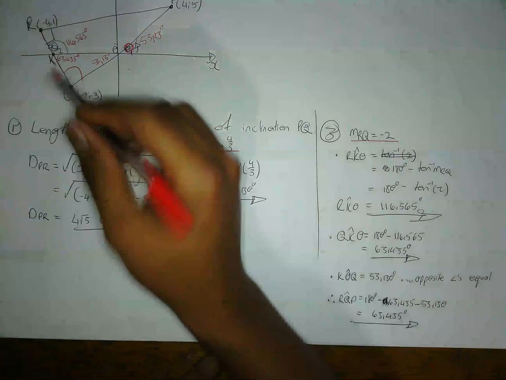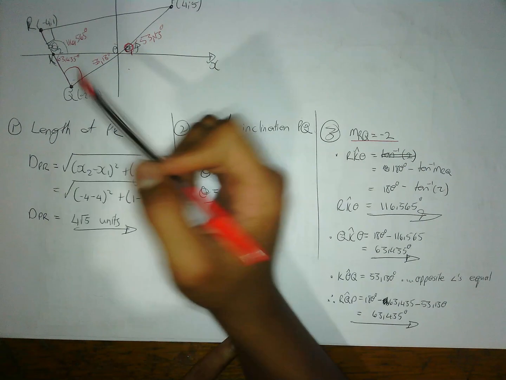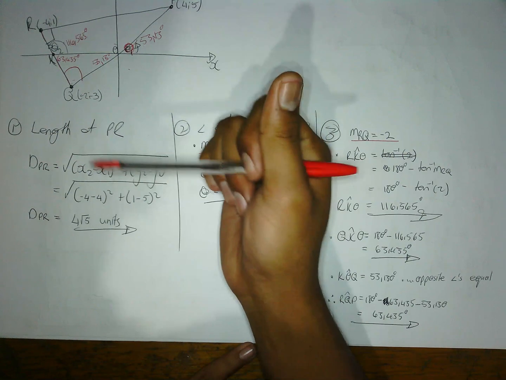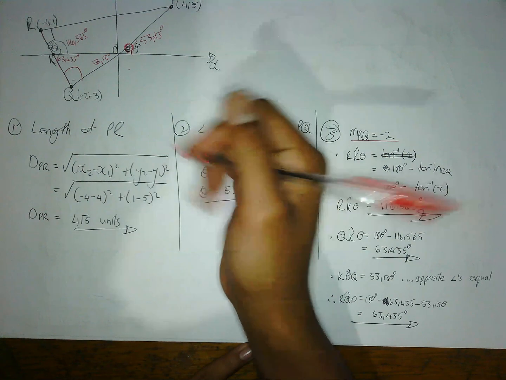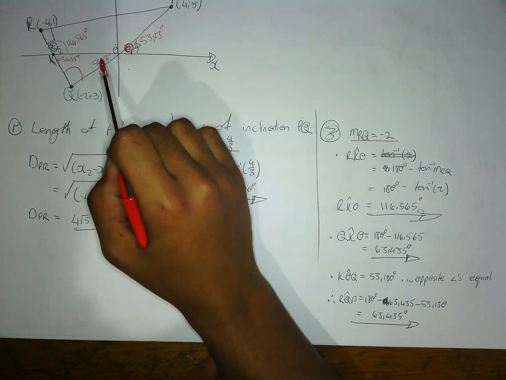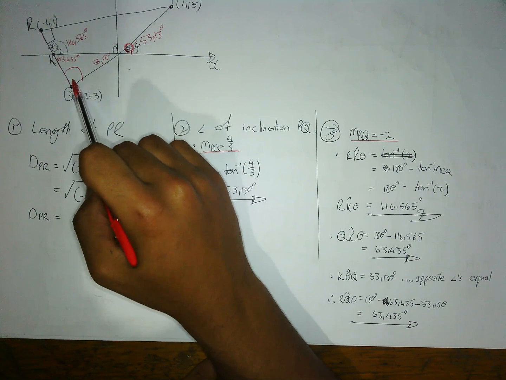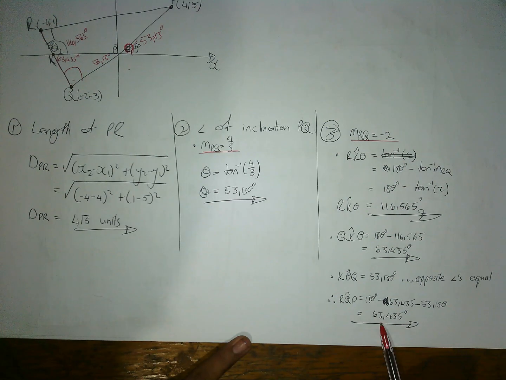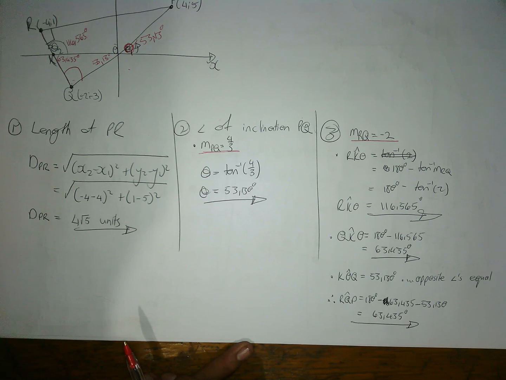To get the angle that I want, I say the interior angles of a triangle are 180 degrees. So 180 degrees minus these two angles will give me this angle here, right? The answer I got for this one is 63.435 degrees.